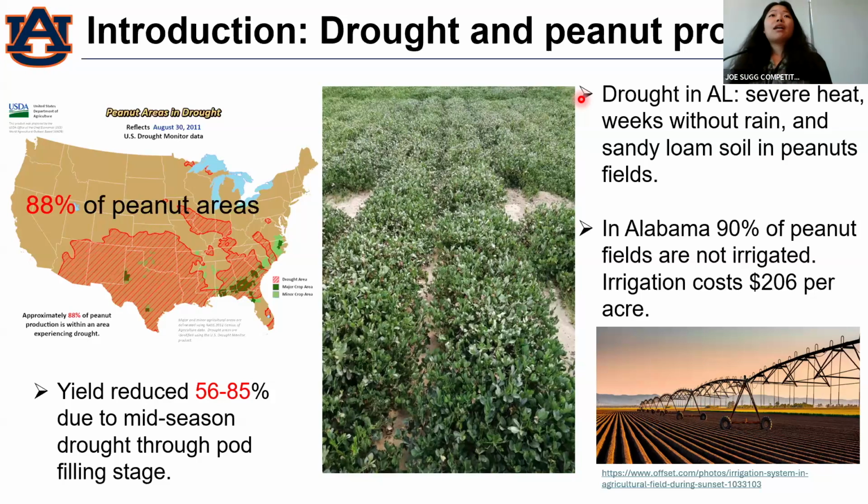Also in Alabama, 90% of peanut fields are not irrigated because irrigation is expensive. It costs around $200 per acre per year to run it. There is a picture in the middle that I took from my rain-fed field. We can see the leaves are curling, and they also feel crispy in the rain-fed condition.